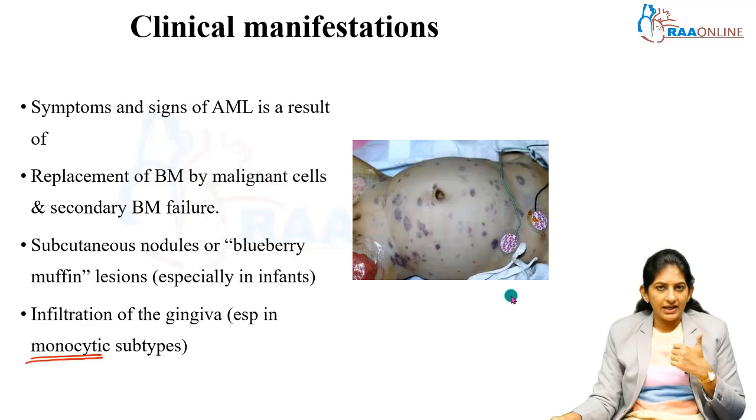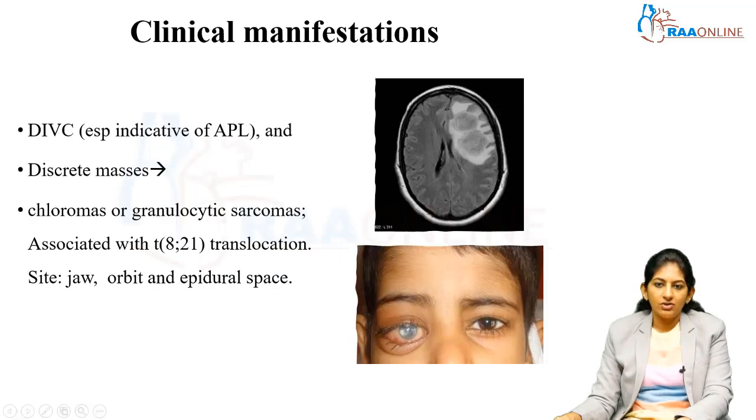This can be seen even in ALL, as leukemia cutis, it can be seen in AML, it can be seen in neuroblastomas, right? So this is not very unique to AML, but it is seen in AML also. I just wanted to reiterate that point. Next is chloromas. Chloromas are nothing but granulocytic accumulation.